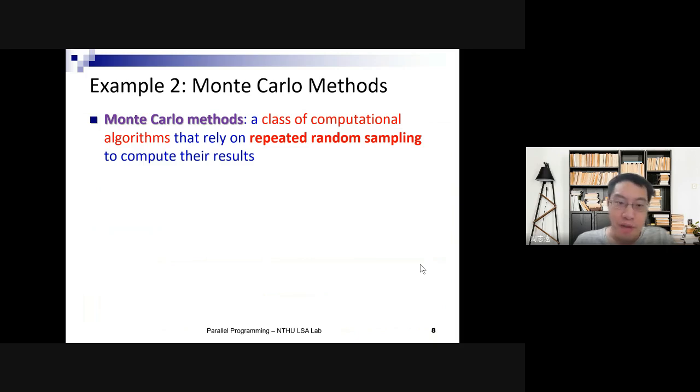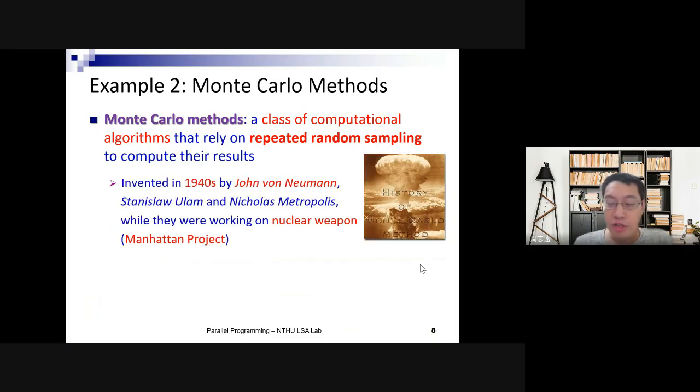This might be your first time hearing about the Monte Carlo method, but if you have heard about deep learning, the gradient descent algorithm is also a form of Monte Carlo method. Because when you try to solve the problem, you also depend on the results of repeated random sample computation. So this is widely used for solving many complicated optimization problems.